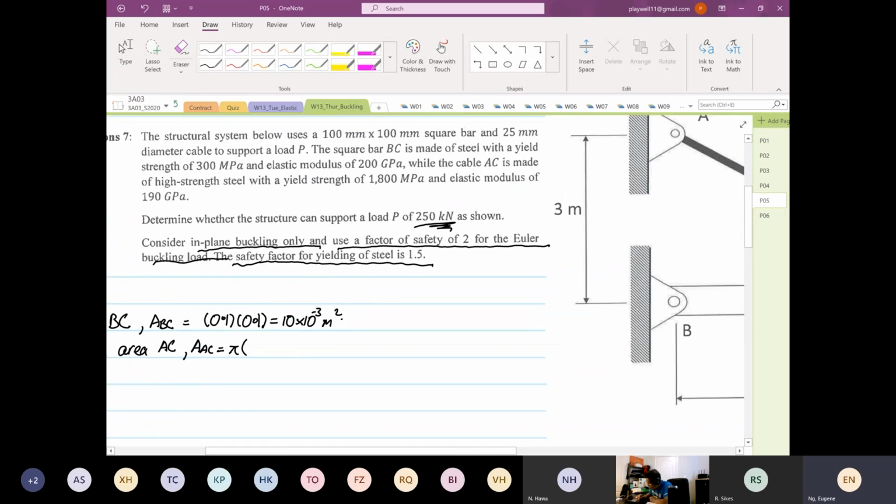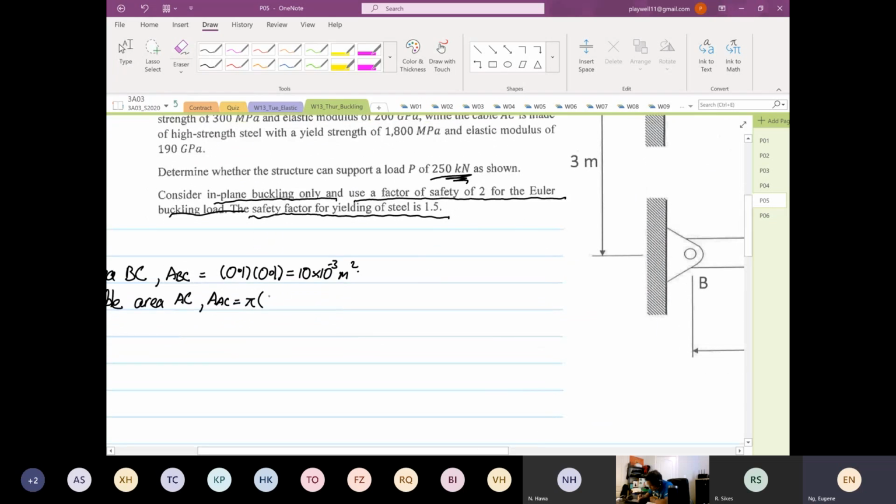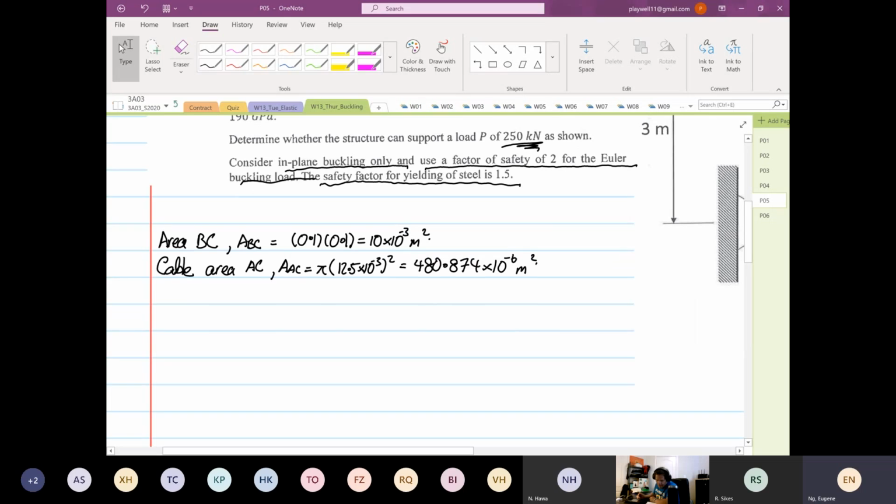Given the diameter is equal to 25. So it's 12.5 radius. Right? So this is equal to 480.874 times 10 to the power minus 6 meters squared. Okay, so you have your area now.